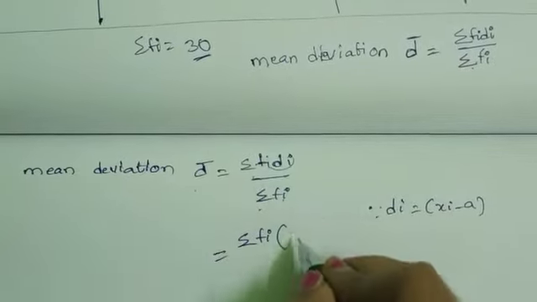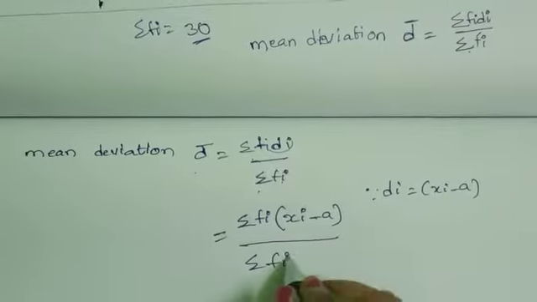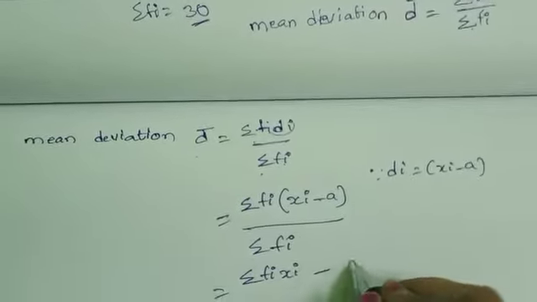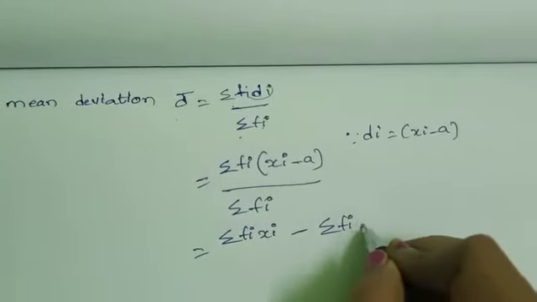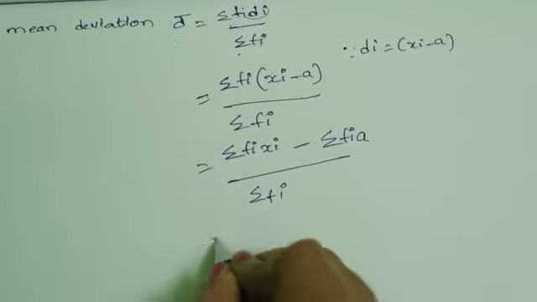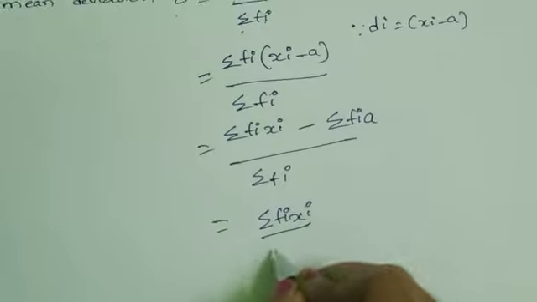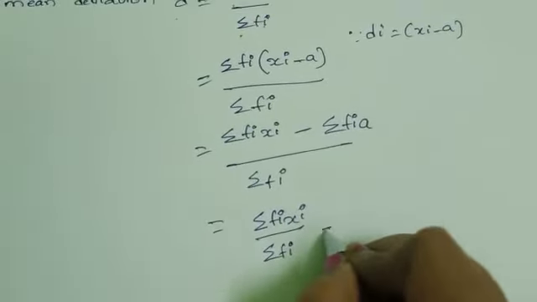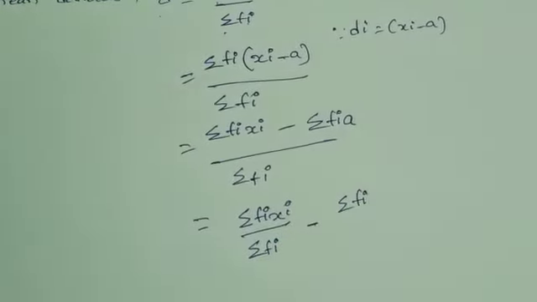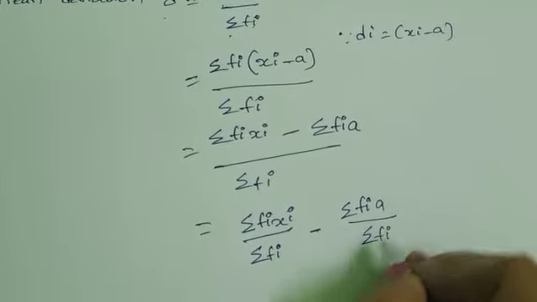In place of di we can write xi minus a, by sigma fi, which is equal to sigma fi xi minus sigma fi a, by sigma fi. Separately write sigma fi xi by sigma fi, and sigma fi a by sigma fi.